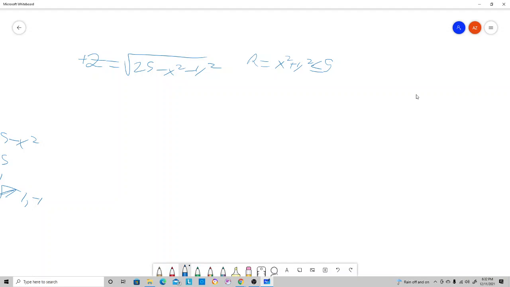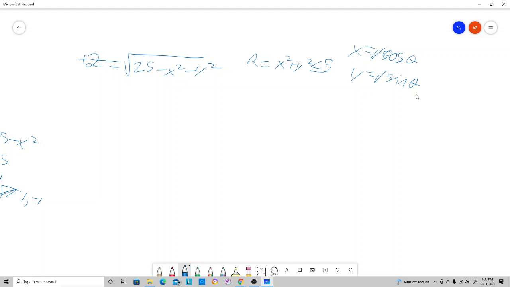So we can turn this whole thing into polar coordinates. Remember, x is equal to r cosine theta, and y is equal to r sine theta.